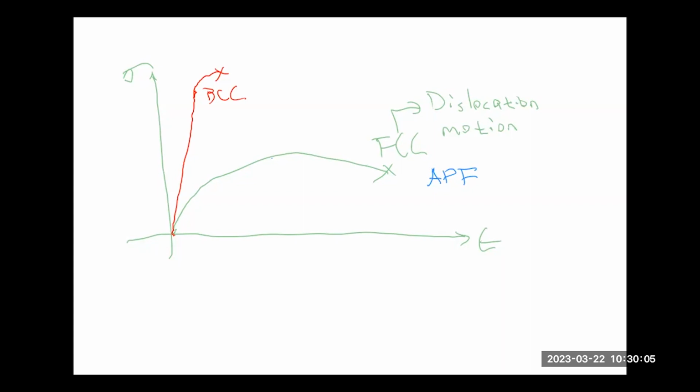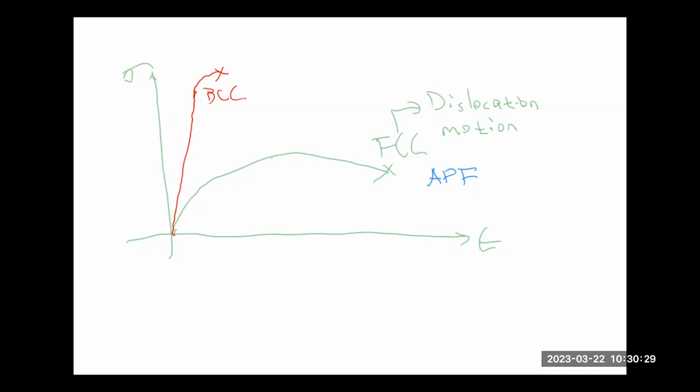And the lattice resistance of FCC is very small. It is known as the Peierls stress. The Peierls barrier of FCC is very, very low. For FCC, the bonding is rather non-directional, but for BCC, it is directional.